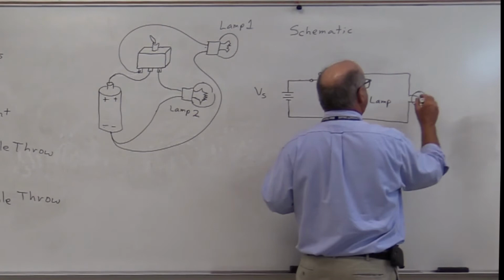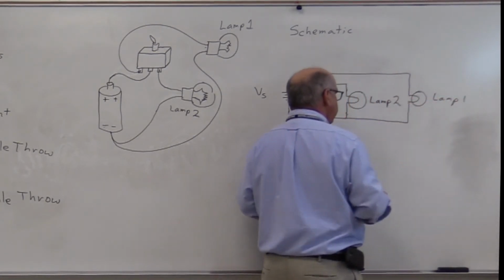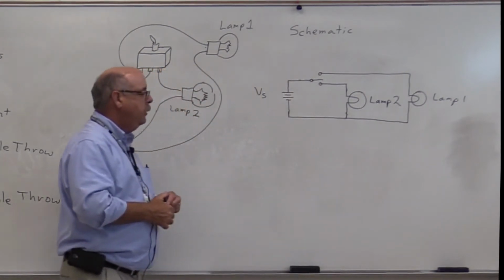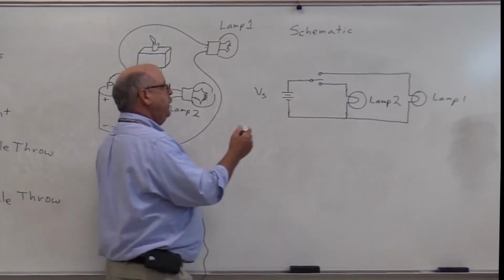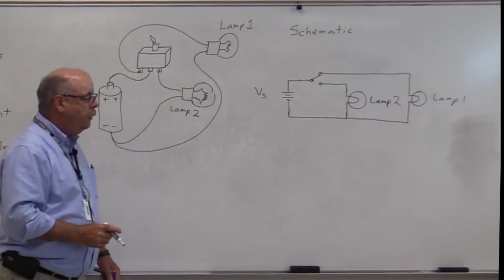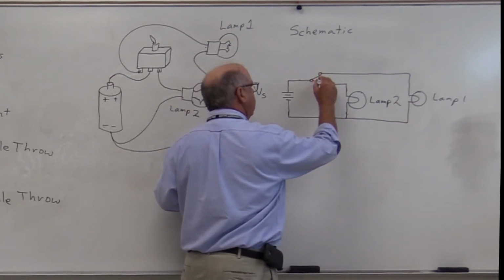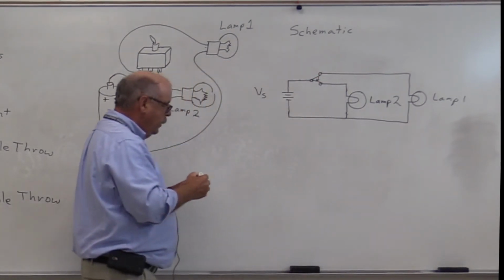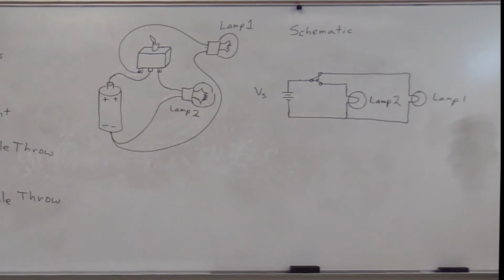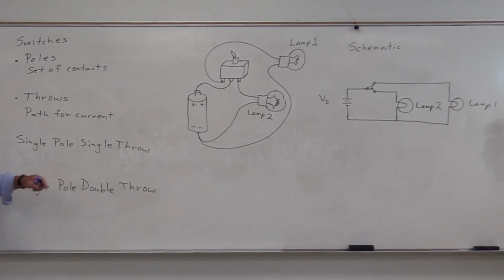One position would turn on lamp 1, and one position would turn on lamp 2. So if the switch is in this position, lamp 1 will be on, and if the switch is down here, then lamp 2 would be illuminated. So single pole, double throw, 2 paths for current.